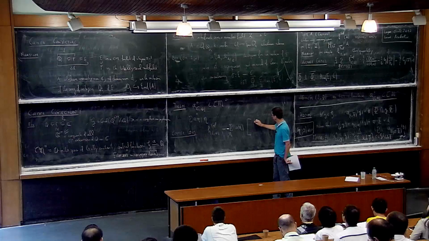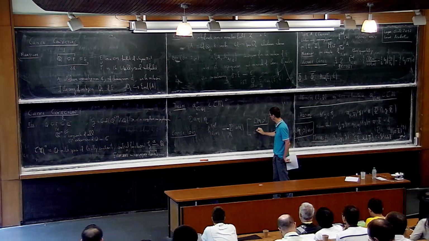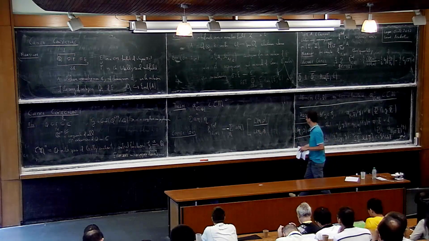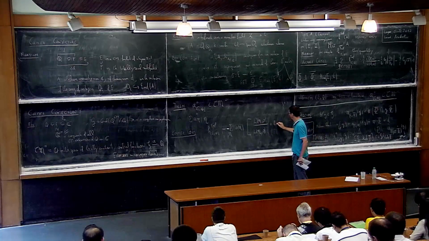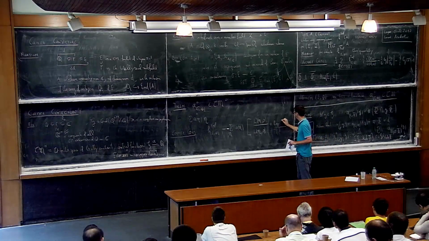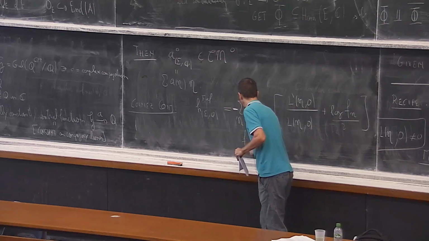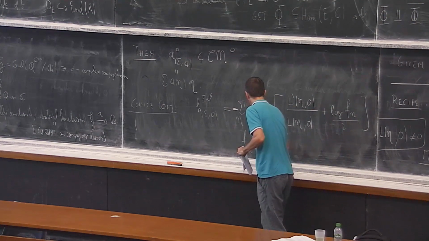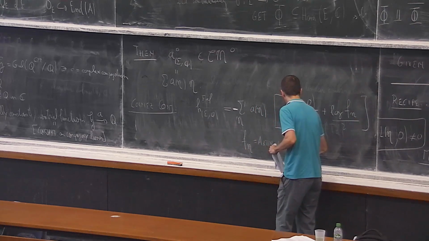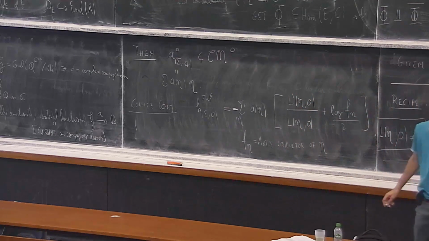So you take the derivative of the L function associated to eta, the logarithmic derivative, plus the log of the Artin conductor of eta. Again, I have now defined the L function. I'm not going to define the Artin conductor.